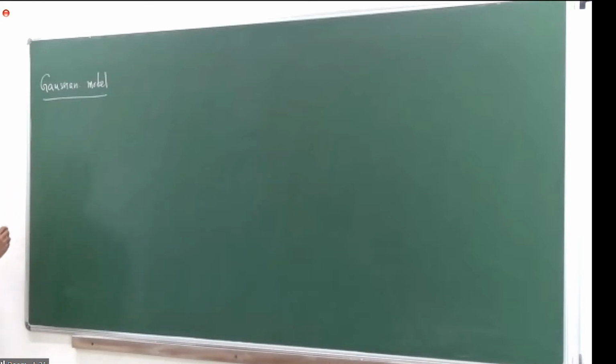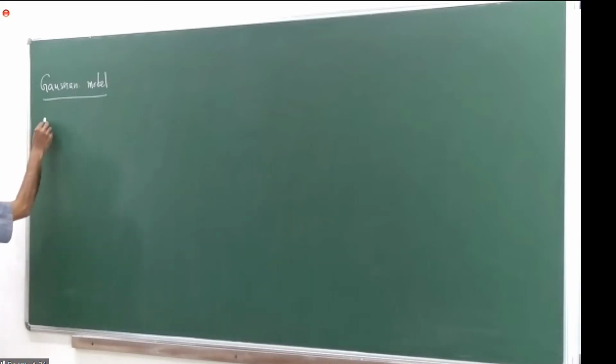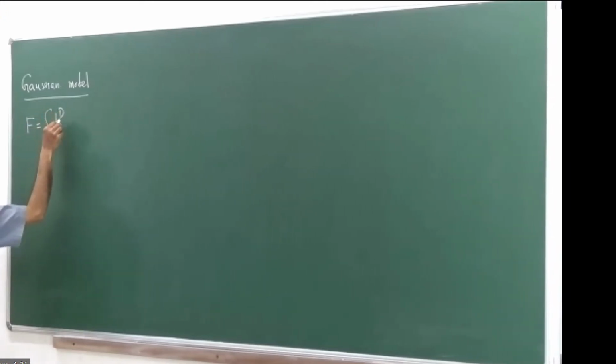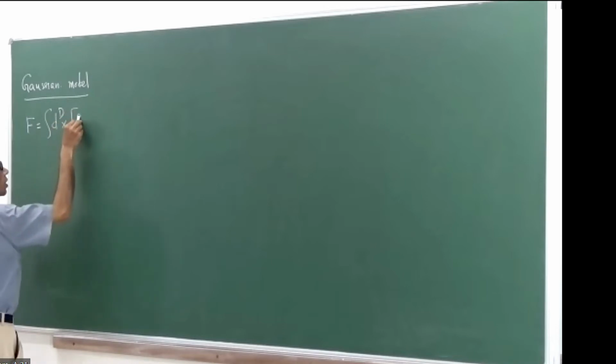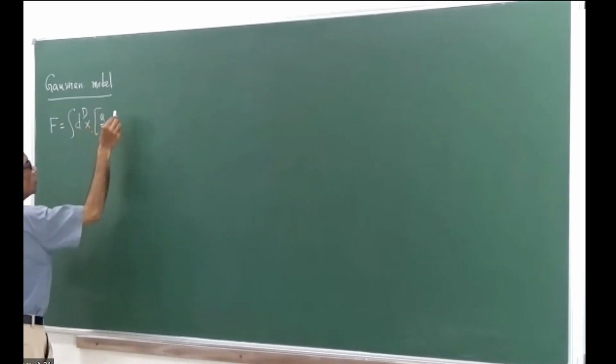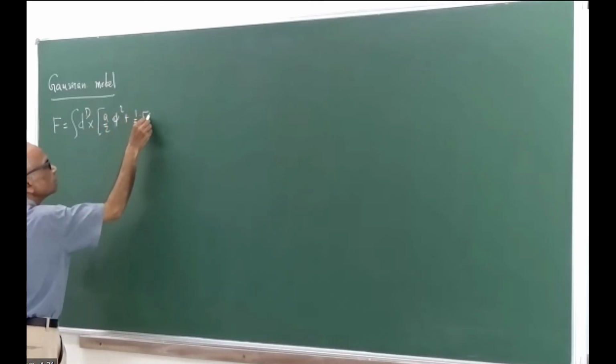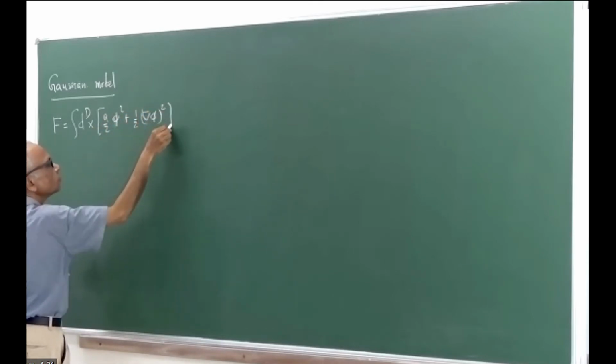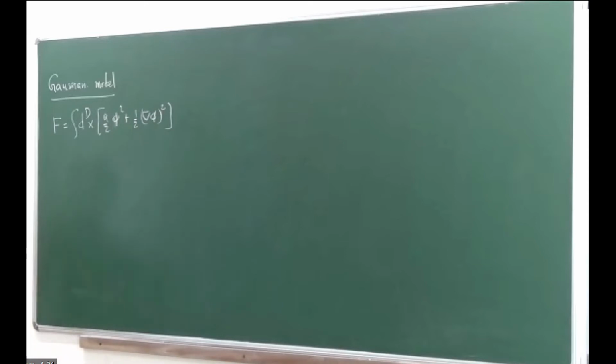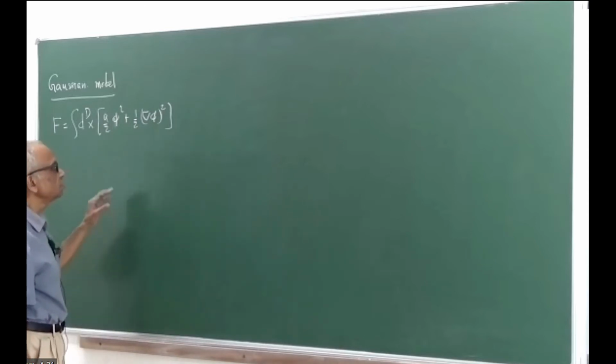So what the Gaussian model involves is a free energy which is quadratic. So it is the integral d^d x of A over 2 phi squared plus half gradient of phi squared. I'm working with a scalar phi simply to keep the writing minimal.